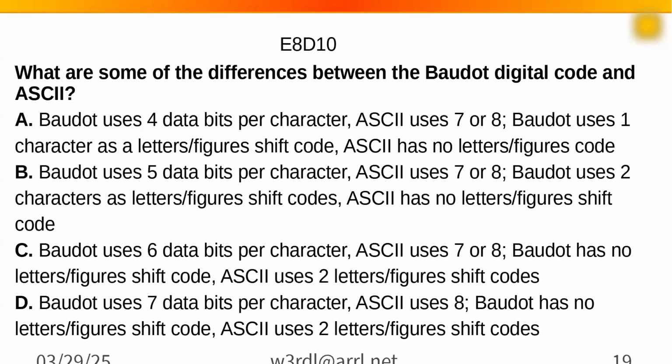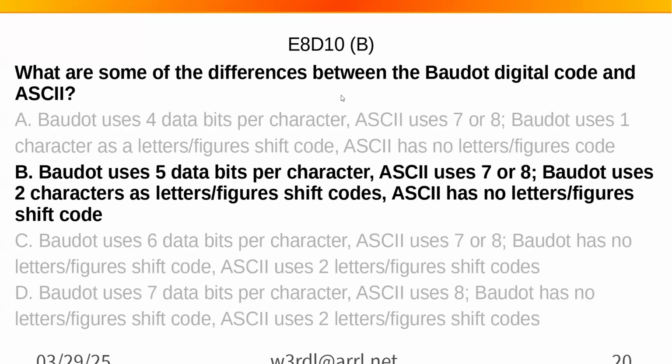This is one where the longest isn't necessarily the right one, because they're all long. But let's go with the standard 5 data bits, and 7 or 8 for ASCII.